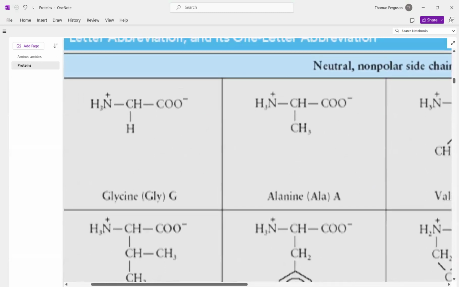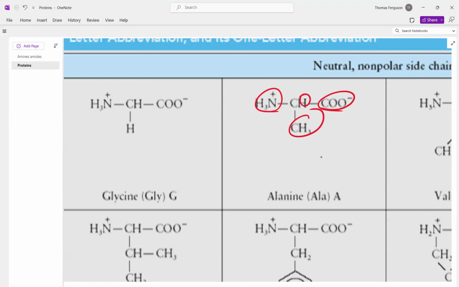Glycine is the simplest one because the functional group is just an H. Now remember, chiral has to have 4 independent groups hanging off of that carbon. So if we look at alanine, for example, those are the 4 groups coming off the alpha carbon, and they're all different. So that means that carbon is chiral.